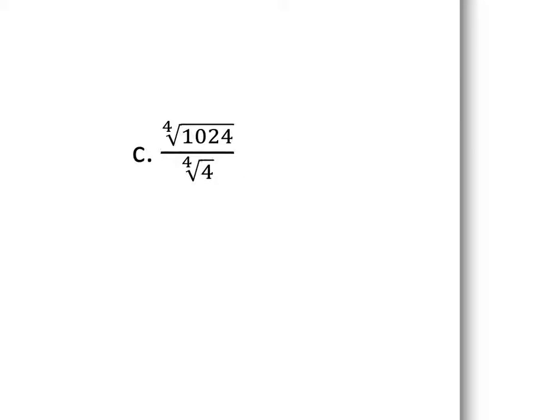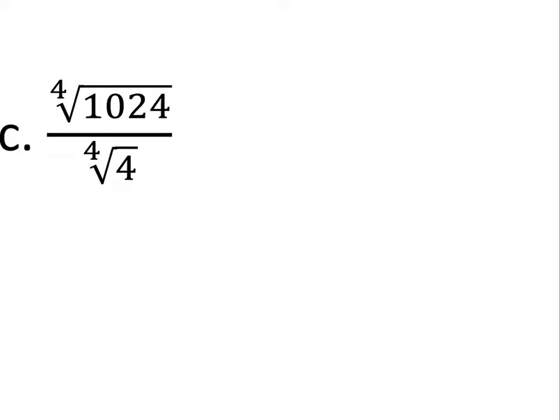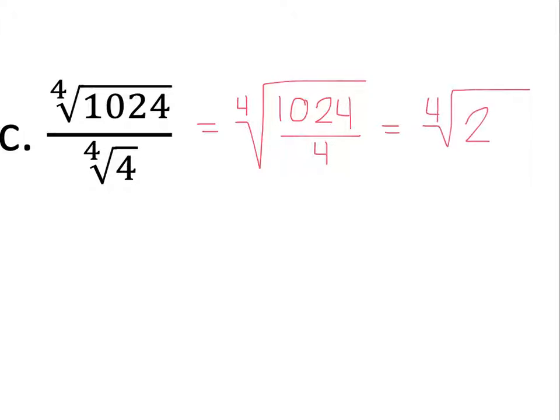Next one, can we deal with it as it is right now? The 4th root of 4 down there probably isn't going to happen. So let's try to combine them. What's 1,024 divided by 4? 256. I think if you tried to take the 4th root of 256 in the calculator, you would get a decimal, but maybe not.